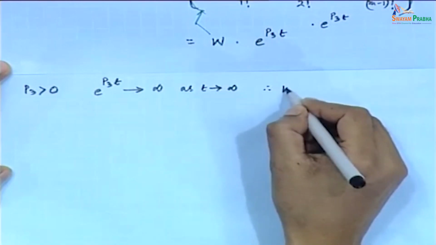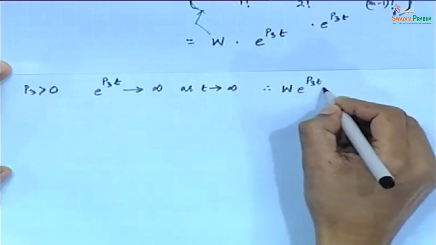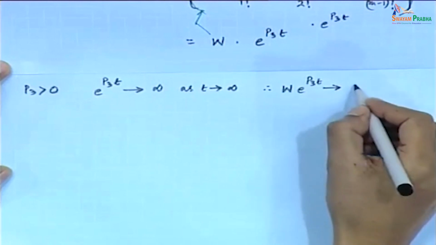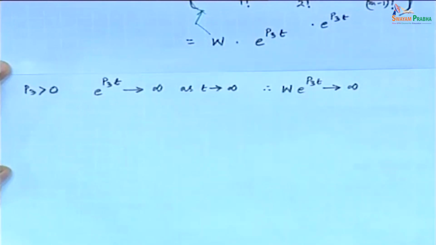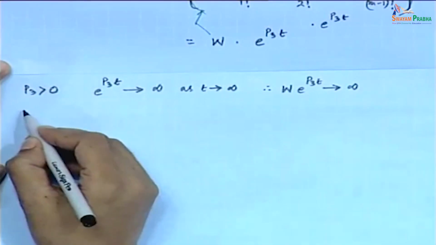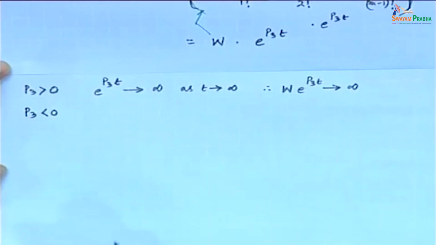So, what about W multiplied by e to the power P 3 t tends to infinity? That means, again, an instability problem is there, because the system response is going to infinity. In another case, we will consider P 3 less than 0.